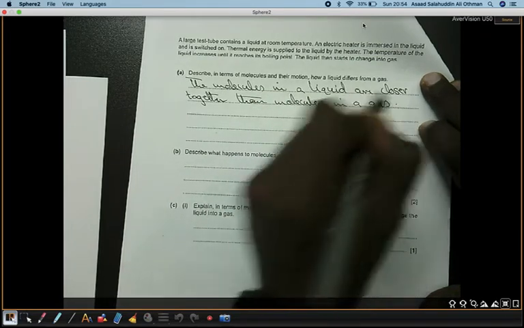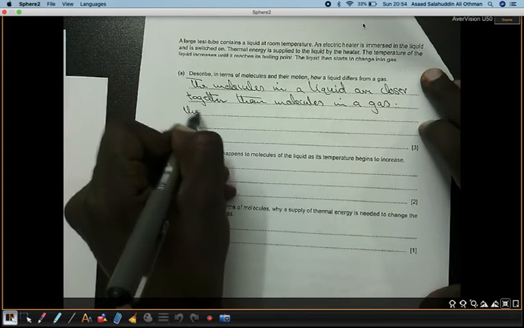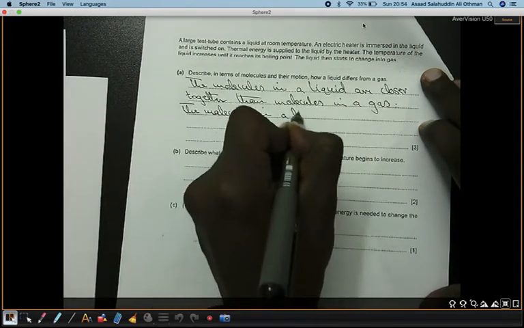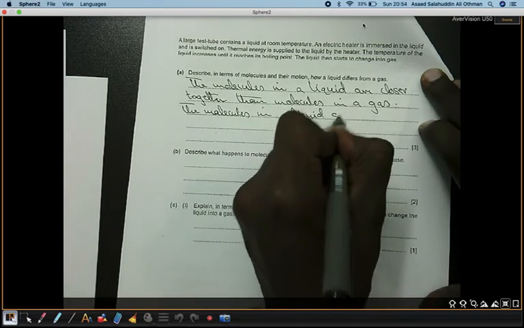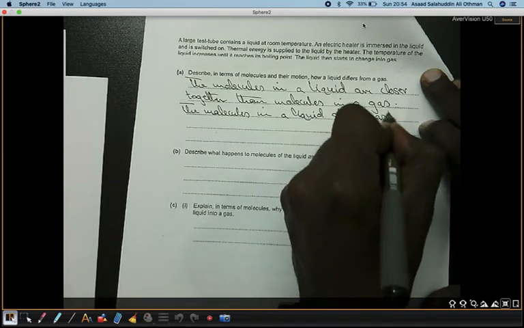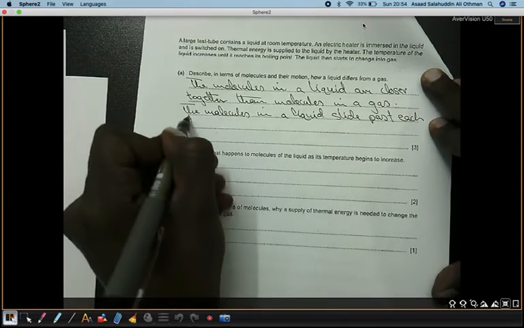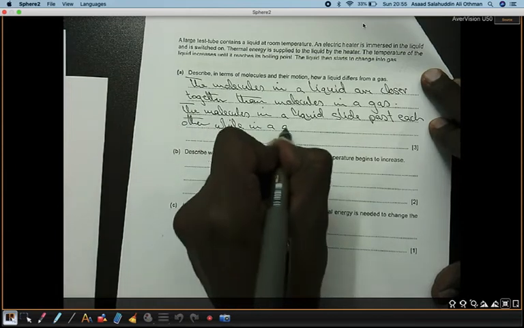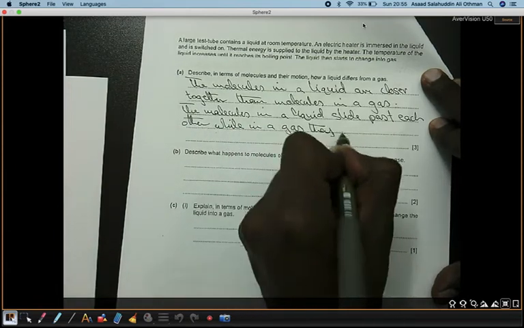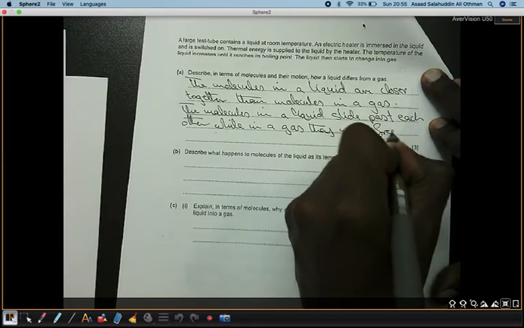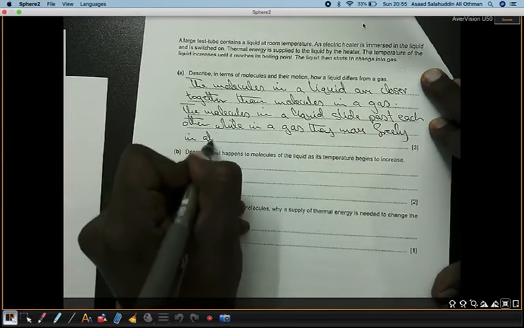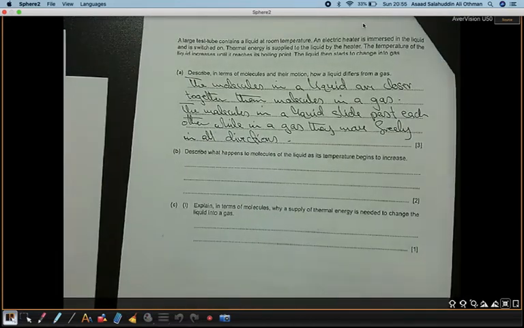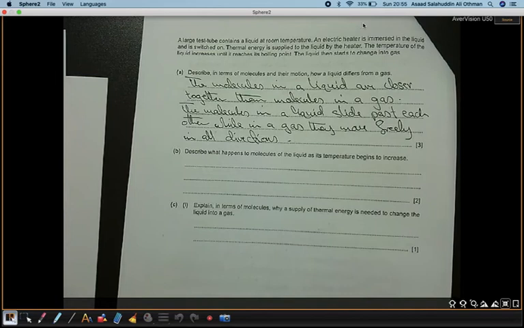Now, this is difference number one. The molecules in a liquid slide past each other, okay? While in a gas, they move freely in all directions. These are the two differences between molecules in a liquid and molecules in a gas. Okay?